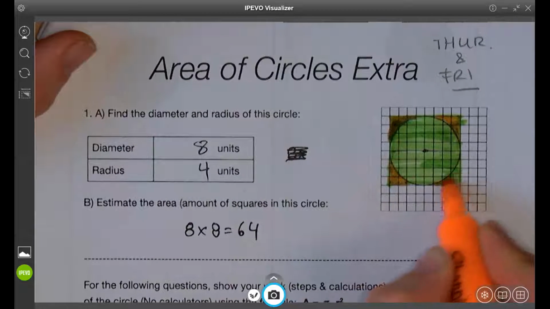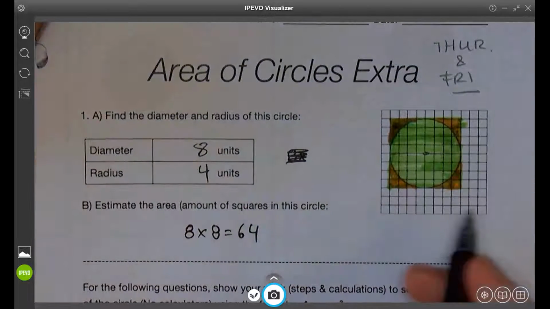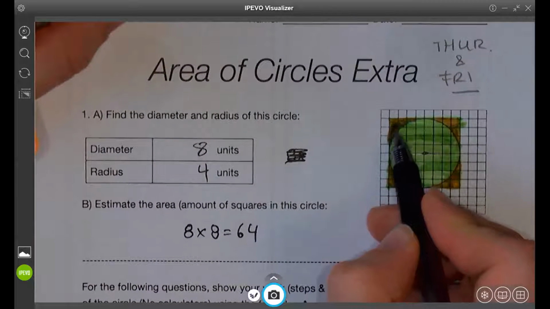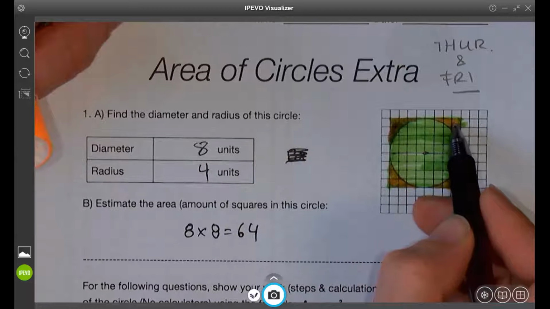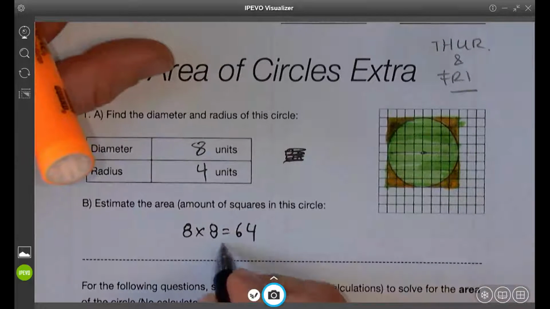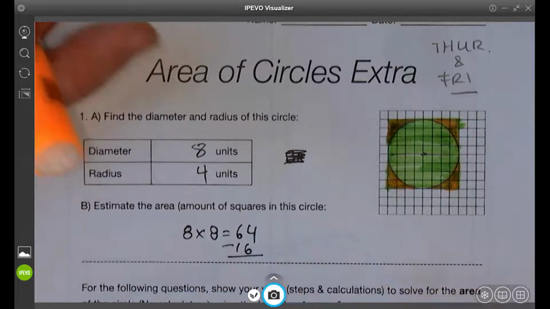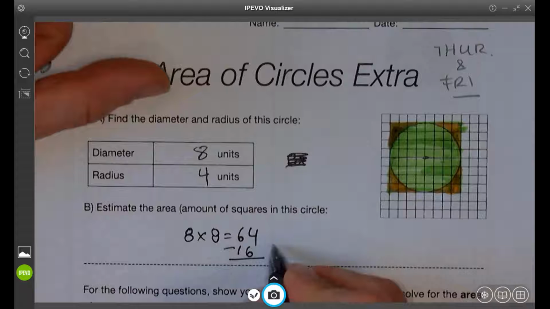So I have 64 minus, how many are these? 1, 2, 3, 4 about. So 4, and there's 4 of them. So 4, 4, 4, 4. So 16. 64 minus 16. This is an estimate. So 64 minus 16 is 48.